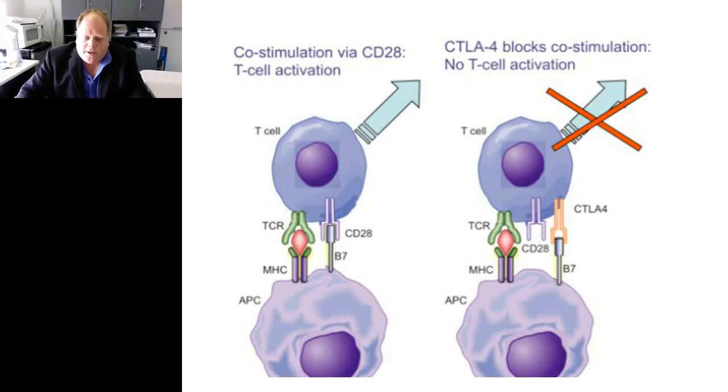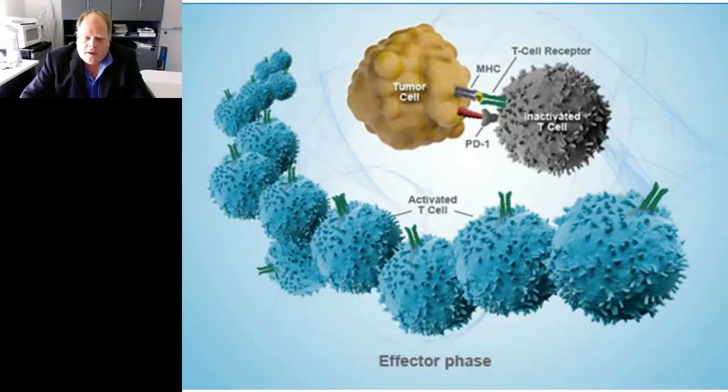Another one is called programmed death ligand 1 and its receptor PD-1. In other words, the tumor cell can actually exploit this in the tumor microenvironment, virtually shutting down or inactivating T cells.